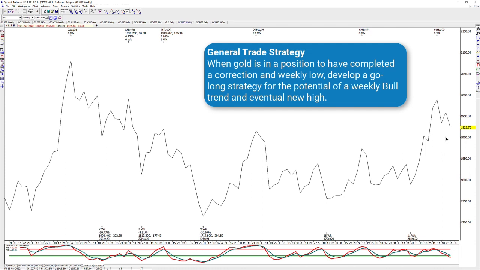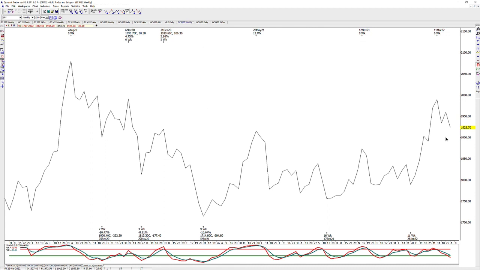Because at any point in time that we can identify a weekly low and a corrective low, gold has the potential for continuing to a new high, if indeed it's worked out a correction here and it's in the initial stages of another bull trend. The pattern is telling us that any time gold would be in a position to complete a weekly low and corrective decline is an opportunity to position long for the potential of a continued bull trend to a new high.